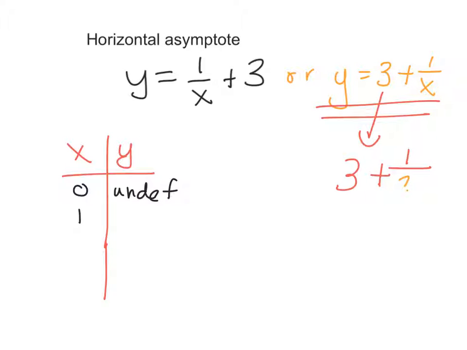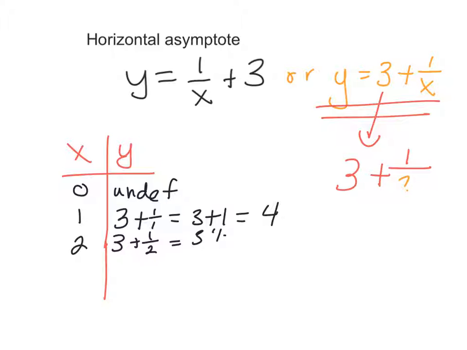So let's start with x is equal to 1. If x is equal to 1, we're taking 3, and then we're going to add 1 over 1. So we take 3 and add 1, and that will leave us with 4. Now if x is 2, we are going to start at 3, and we're going to add 1 over 2. In other words, that's going to leave us with 3.5. When we sub in x equals 3, we start at 3, and then we add 1 over 3, so we get 3 1/3.